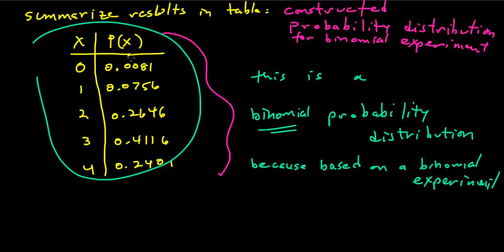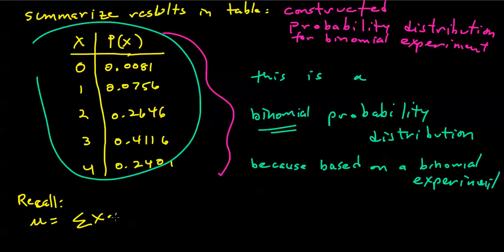Once I've got a probability distribution, as in our last section, we might want to consider what is the mean and what is the standard deviation of a probability distribution. You may recall formulas for the mean of a probability distribution.